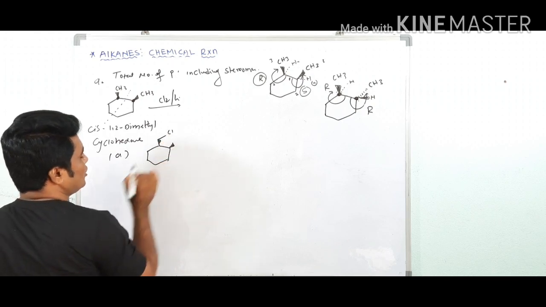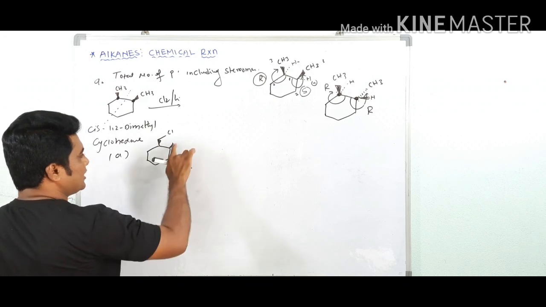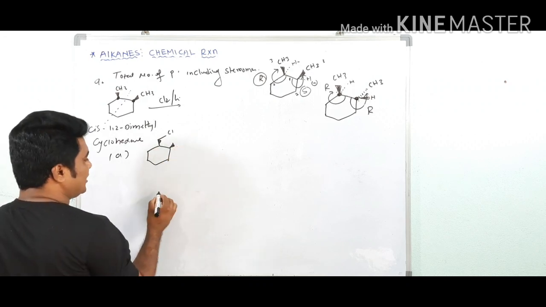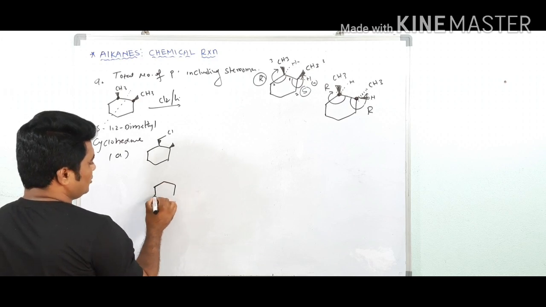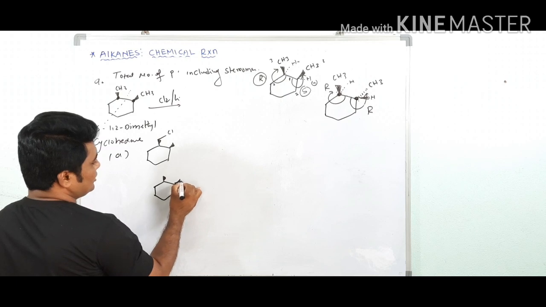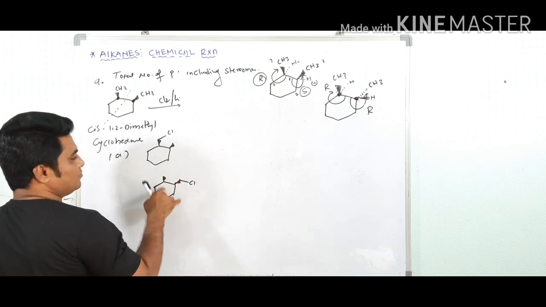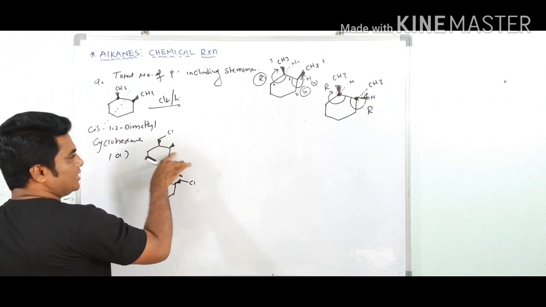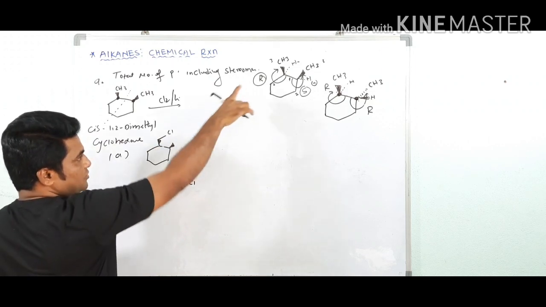Here chlorination is there. One product is possible. One more product here also you can do, because both carbon atoms are not same, both are different. So in the A you will get two products. These two carbon atoms have different stereochemistry.